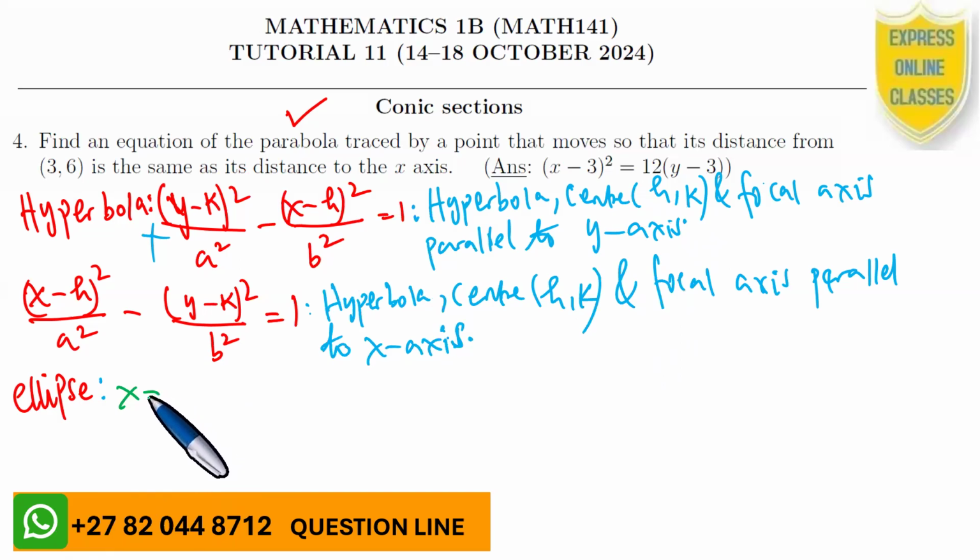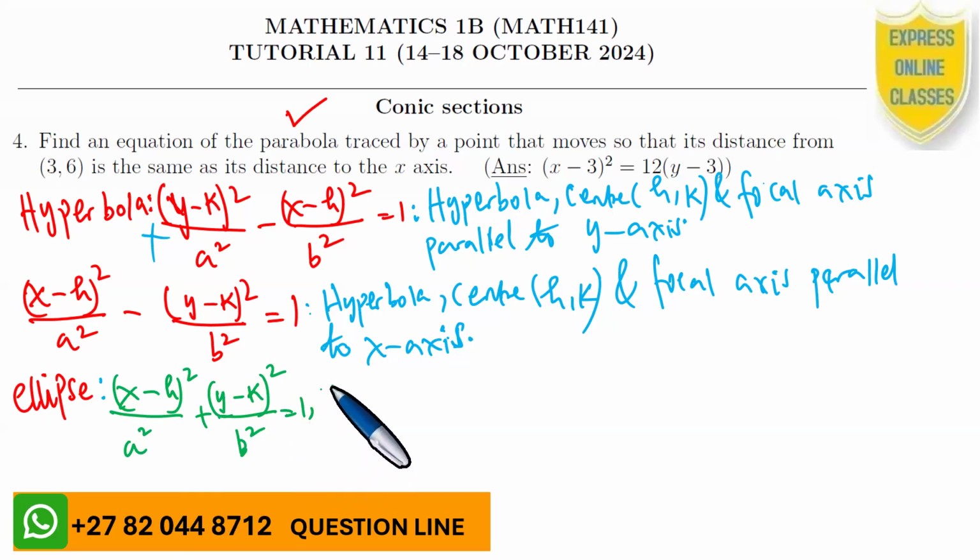We need to know x minus h squared over a squared, plus y minus k squared over b squared equals 1, with b less than a. Right, this is what we have.